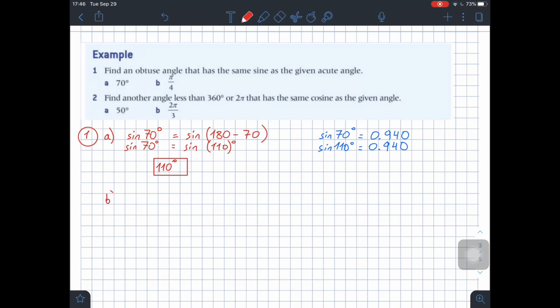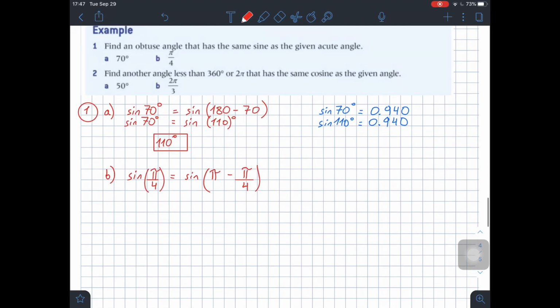Part B says we want to find the same sine angle, but now the angle is given in radians. So if we work in radians, it's actually the same thing. Sine of this angle, pi over 4, must be equal to sine of its supplementary angle, right? Remember 180, if we talk in radians, is pi, so pi minus pi over 4.